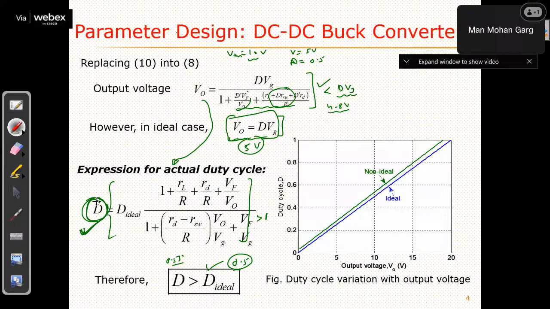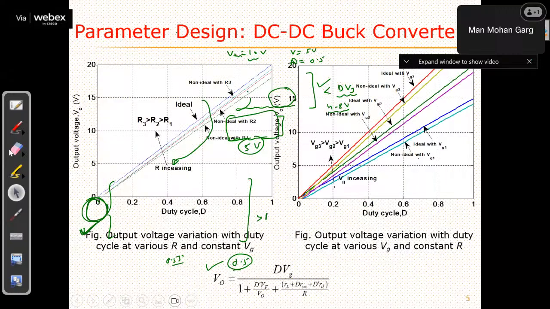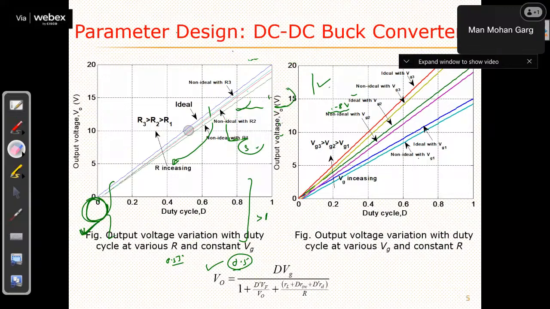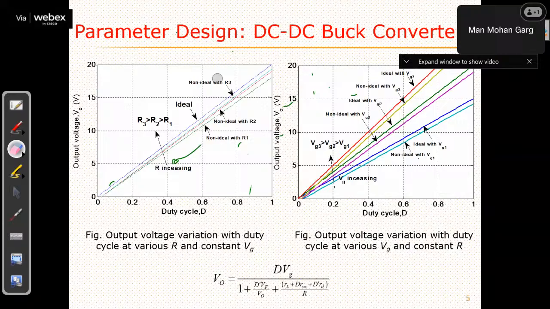So that is the first thing. Now the second thing is, what is the impact on other parameters?